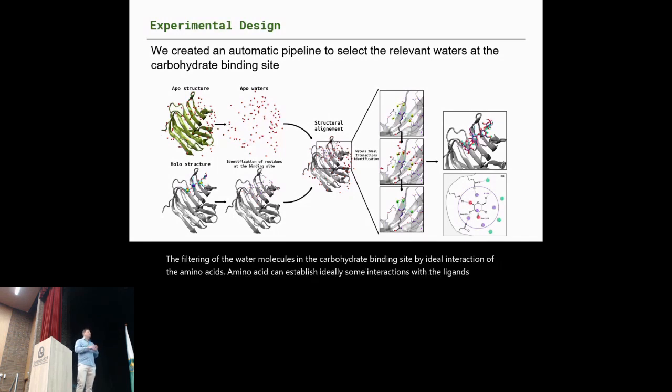So when the ideal interaction of the side chain of the amino acid matches with a water molecule, we select those water molecules. Of course, we have some true positives and false positives, because not all of the waters of the carbohydrate binding site are replaced by hydroxyl groups.